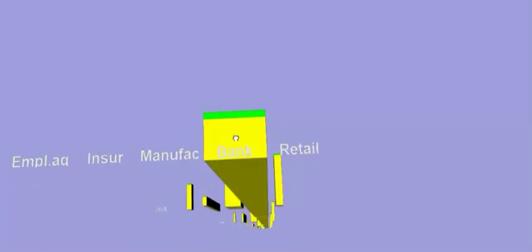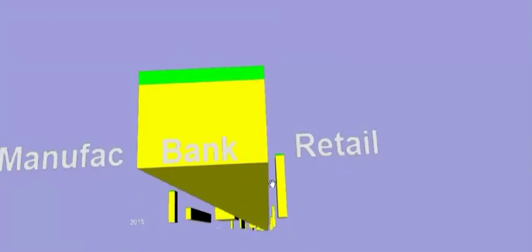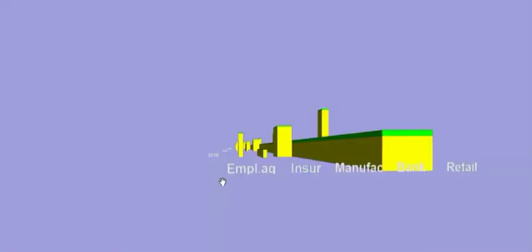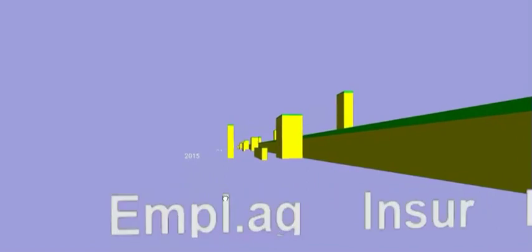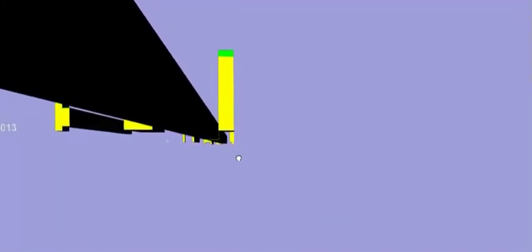And looking through the graph, actually by zooming, is a kind of journey. So really a journey. If we go to the back and look at them, we can actually travel through the graph by zooming, and then we see bank, bank, bank, and sometimes the other companies coming along.